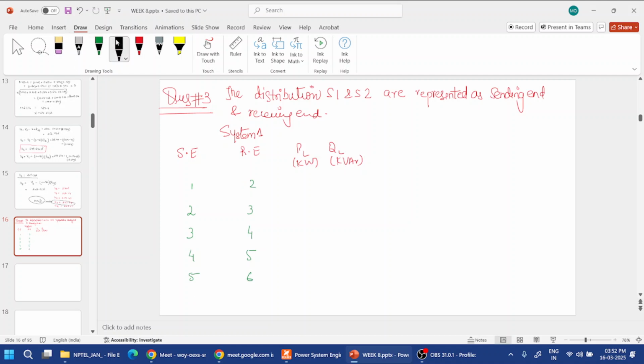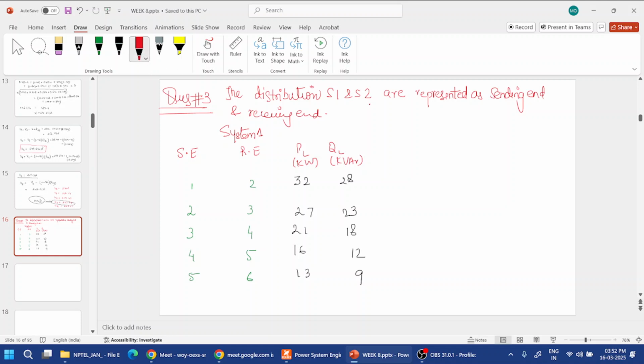Okay, the values of PL are 32, 28, 27, 23, 21, 18, 16, 12, 13 and 9. For the same system, the nodes are 1, 2, 3.